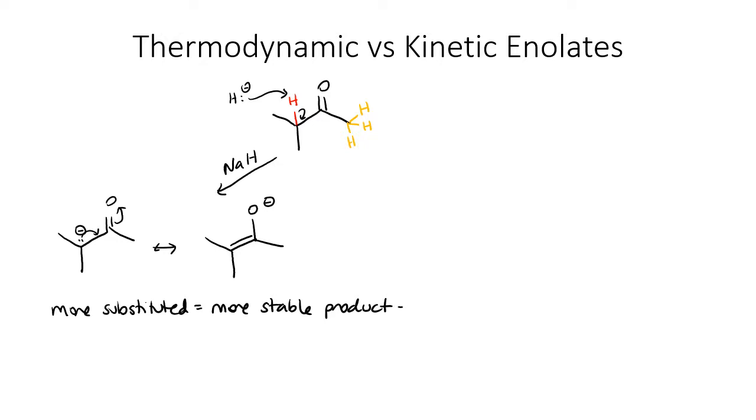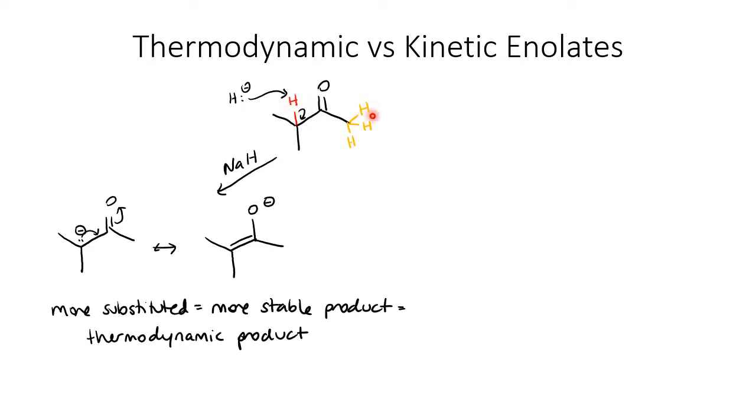And this is known as the thermodynamic product. Now this product is capable of forming mostly because the hydride ion is so small, it's capable of accessing this alpha hydrogen. Now LDA, which is a much bulkier base, cannot come in and remove this alpha hydrogen.